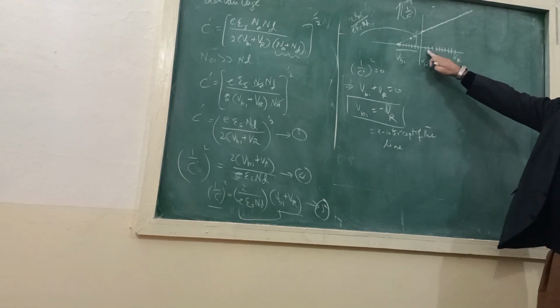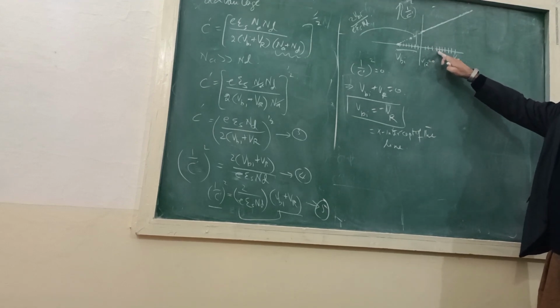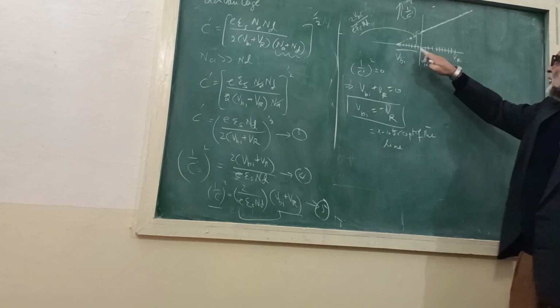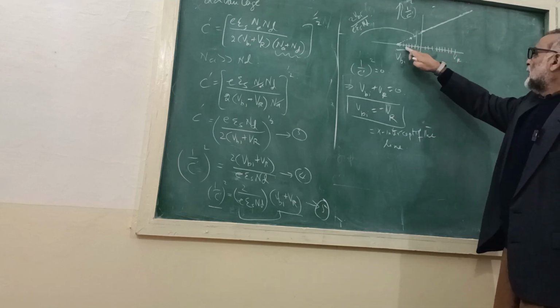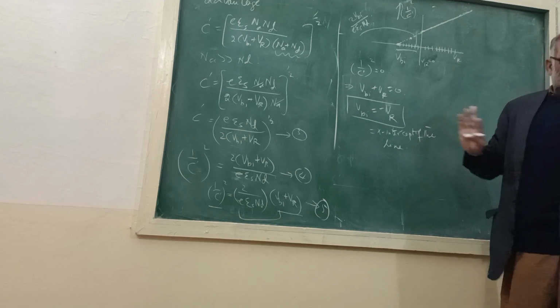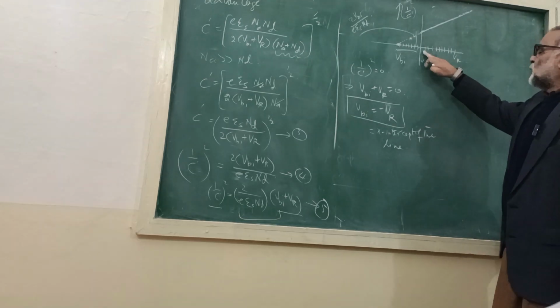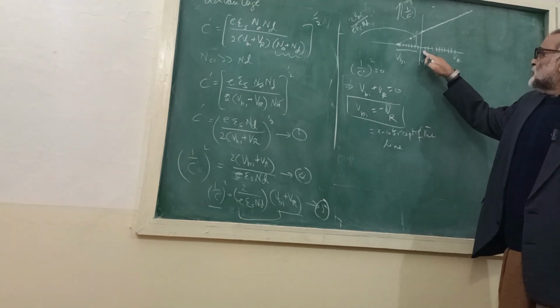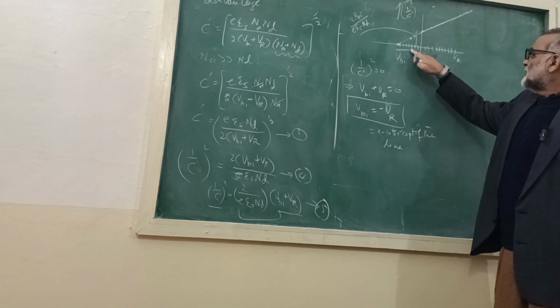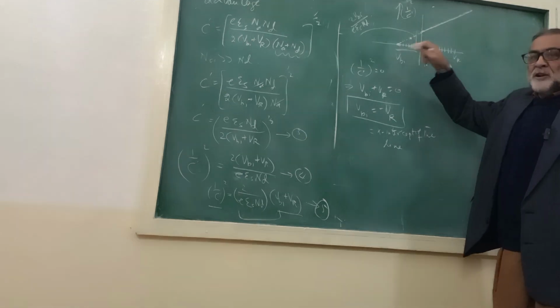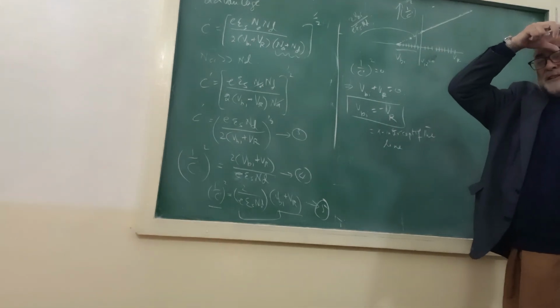If this is 1 volt, then 1, 2, 3, 4, 5, 6, 7. Like if this is 0.1 volt, it would be 0.1, 0.2, 0.3, 0.4, 0.5, 0.6, 0.7. So 0.7 volt will be the built-in potential.